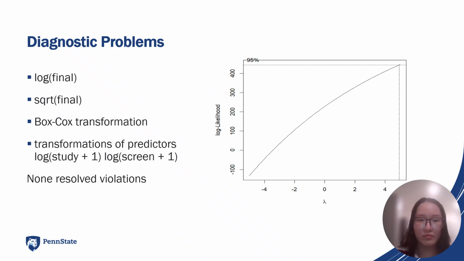Then I tried to transform some predictors, such as log(study + 1) and log(screen + 1), to improve the linearity assumption, but these transformations did not show an improvement in the diagnostic plot because they do not fully remove the ceiling-effect-driven skewness in the residuals.